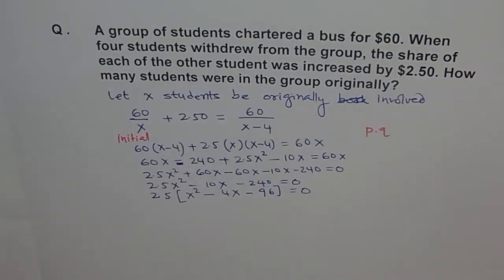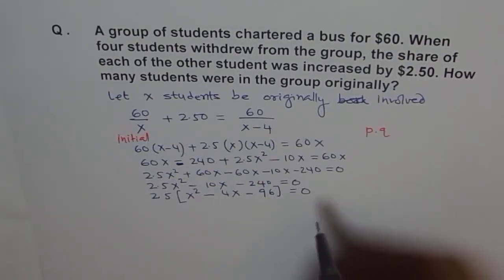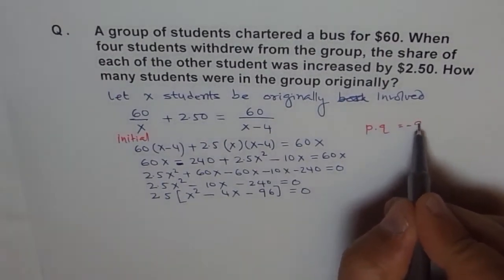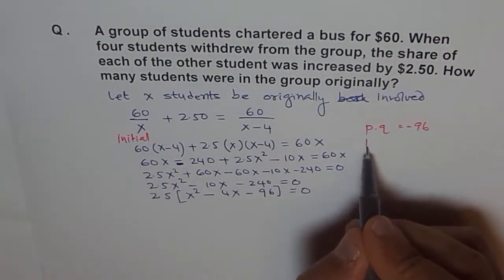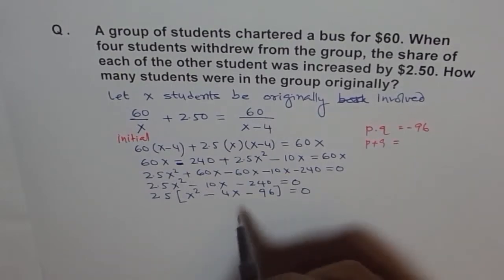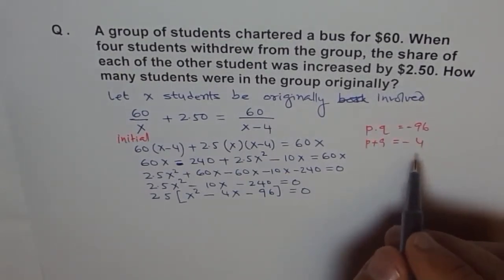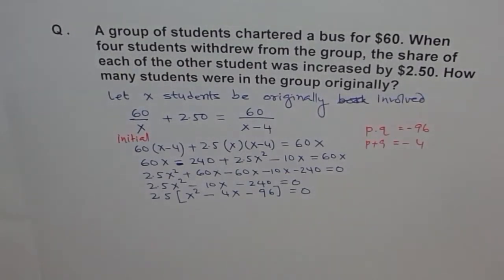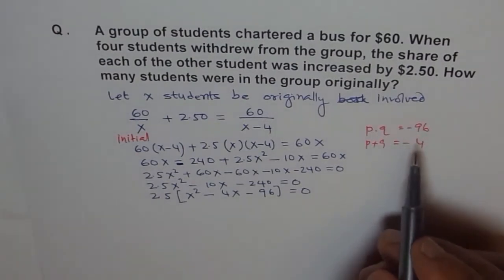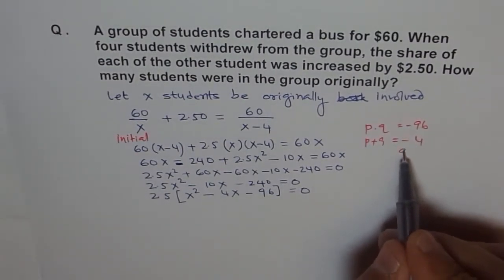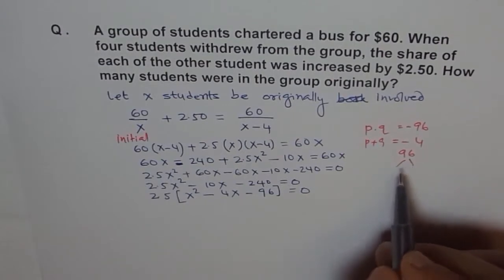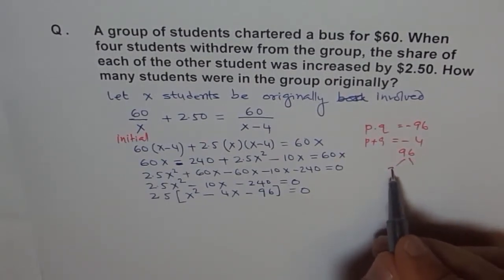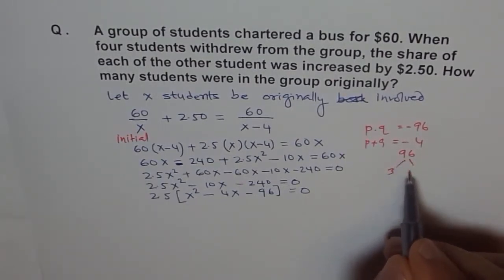Now, we need a product of p and q equal to minus 96, and a sum, that is p plus q, of minus 4, right? So how to get these numbers? We'll follow the same method. We can factor 96, right? So we have 96 and we try to get factors. You can say this is 3 times 32, right?